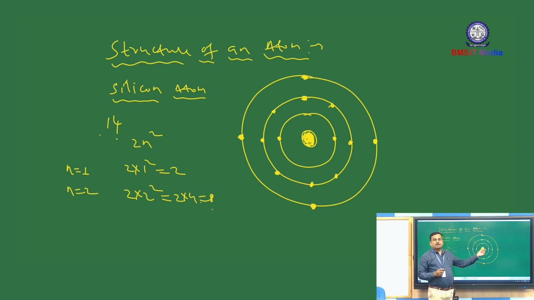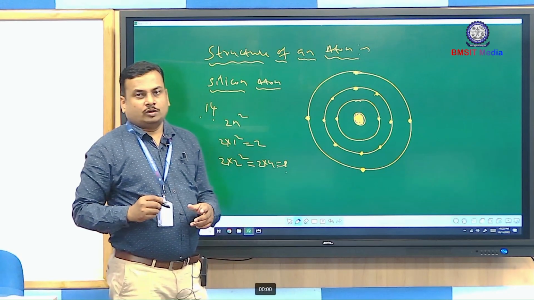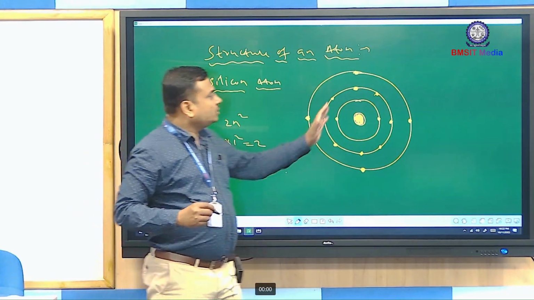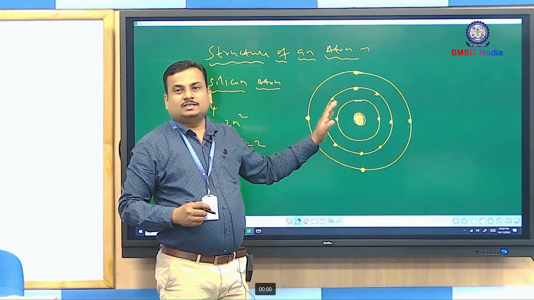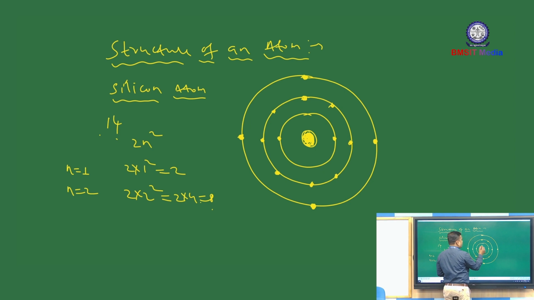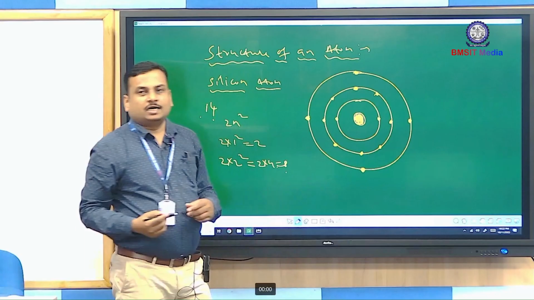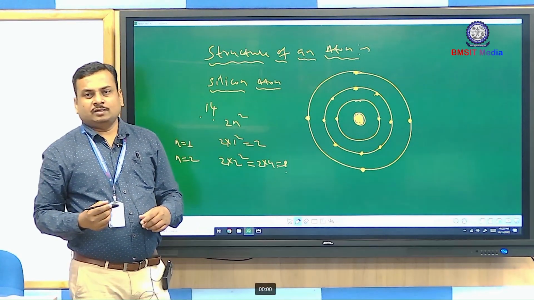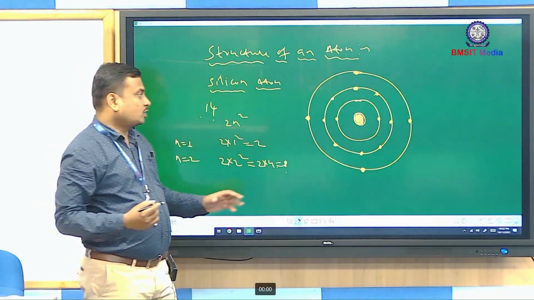So here this nucleus consists of protons and neutrons. In the case of the silicon atom, it will be having 14 protons and 14 electrons. They will be rotating in these 3 orbits. So in the first orbit we got 2 electrons, in the second orbit 8 electrons, and in the third or valence orbit we will be having 4 electrons, right?